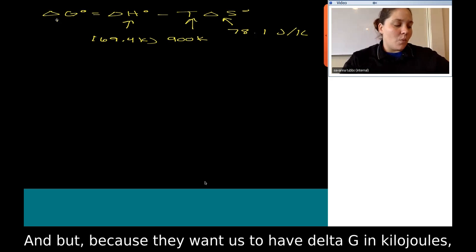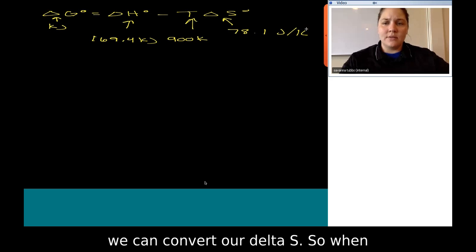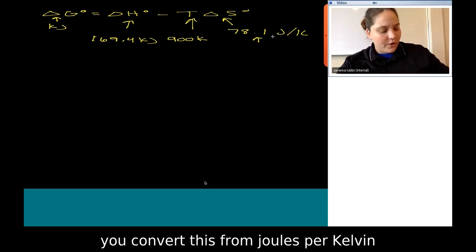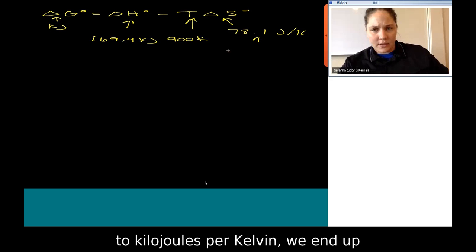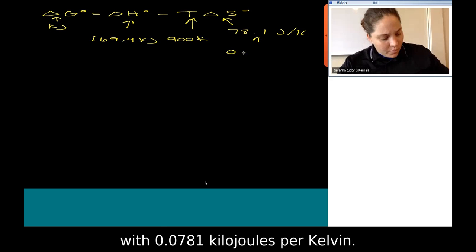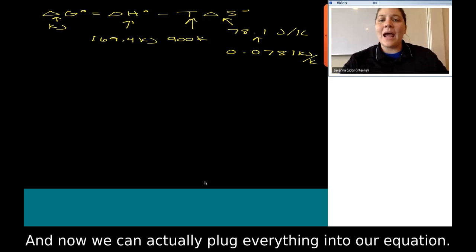But because they want us to have our delta G in kilojoules, we can convert our delta S. So when you convert this from joules per Kelvin to kilojoules per Kelvin, we end up with 0.0781 kilojoules per Kelvin. And now we can actually plug everything into our equation.